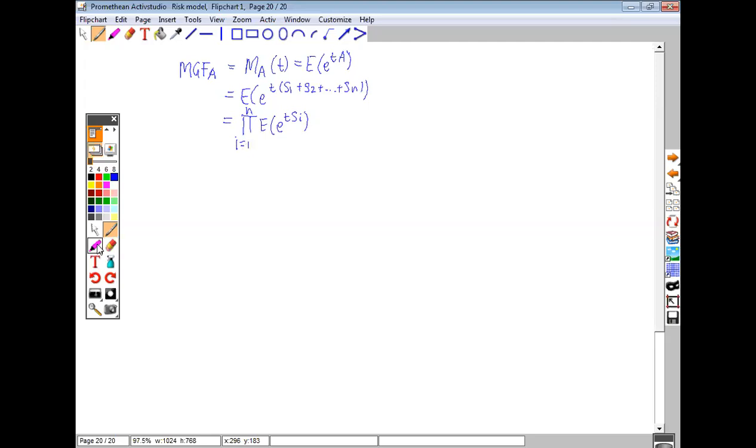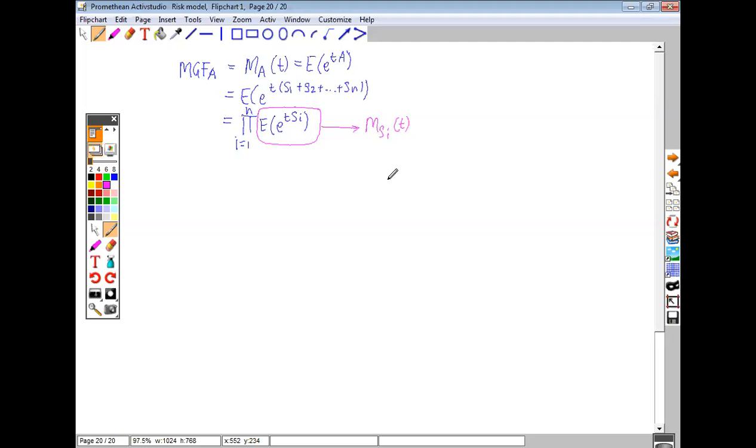Now, if I have a look at this thing right here, what does it look like? Does it look like M_Si(t)? It does look like the MGF of my guy Si here.